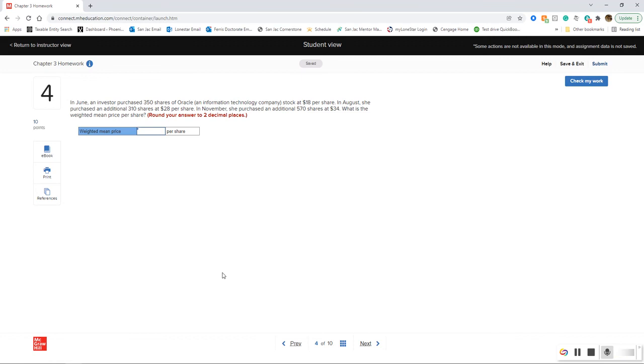What is the weighted? Okay. Again, when we look at weight, we have a certain number of items that are at a certain price point.